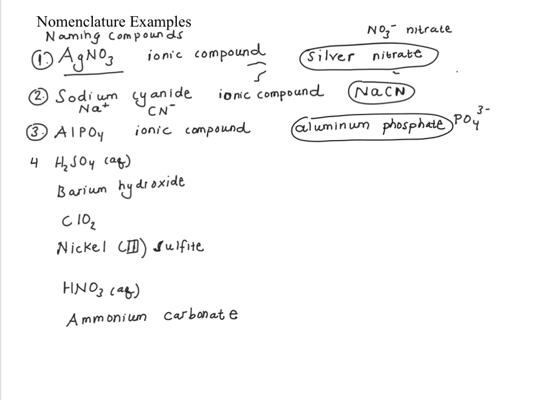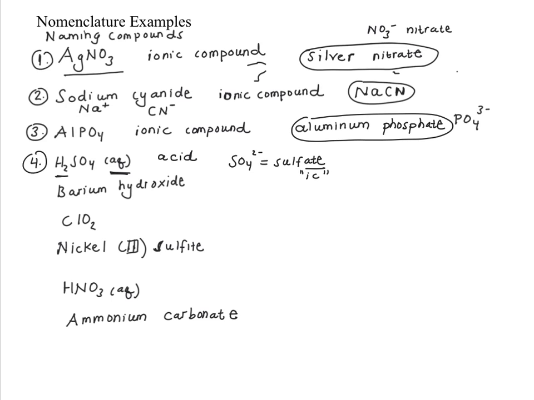Number 4, we have a hydrogen in front and AQ, which means aqueous, dissolved in water. So this is indicative that this is classified as an acid. And whenever we have an H and it's with a polyatomic ion, in this case, SO4, polyatomic ion, which is sulfate, according to our rules for acids, ate becomes ic.